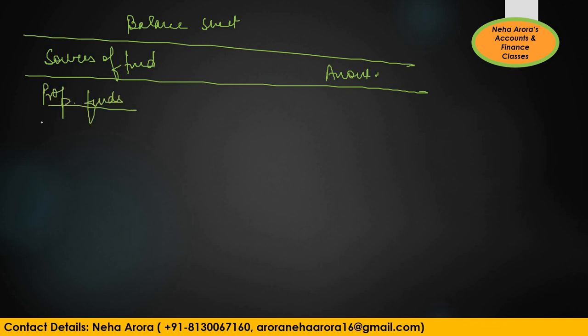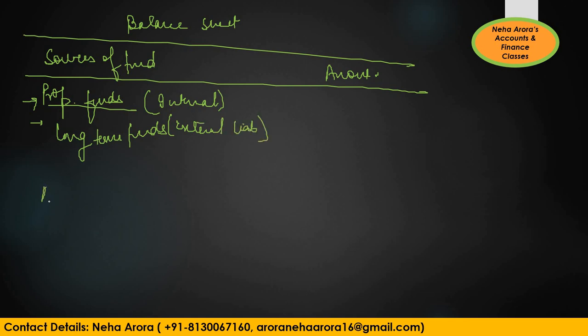The sources of funds will be proprietor's funds, and it will also be long-term funds. So you can call this your internal liability, and this will be your external liability. And under application of funds, what do you have? You have fixed assets and working capital.